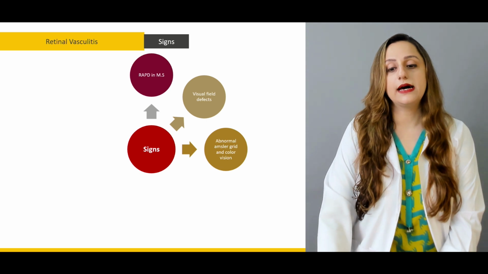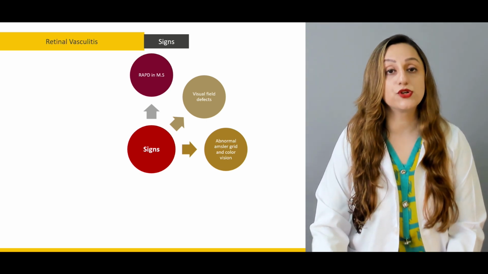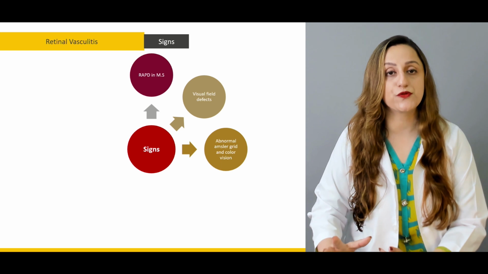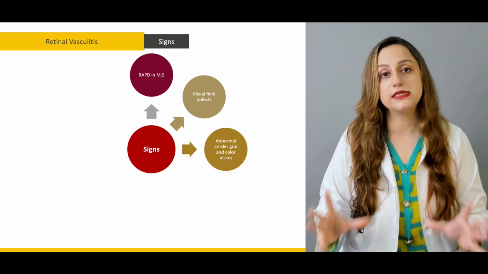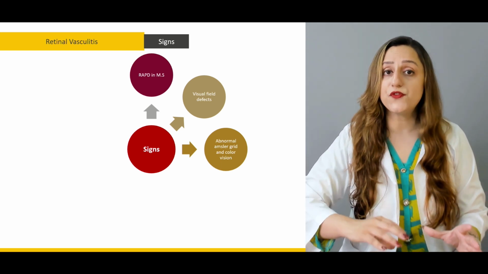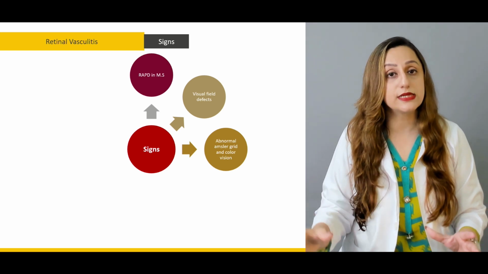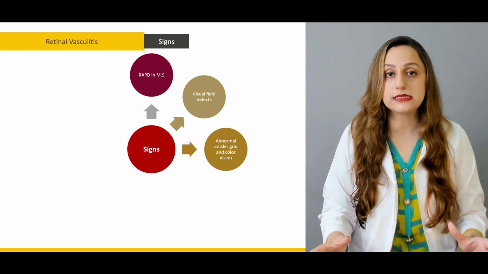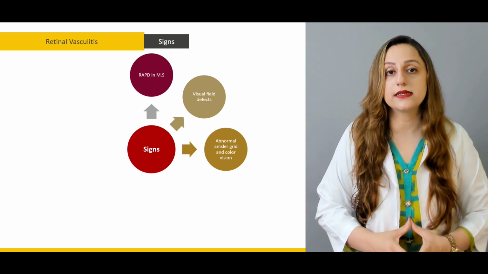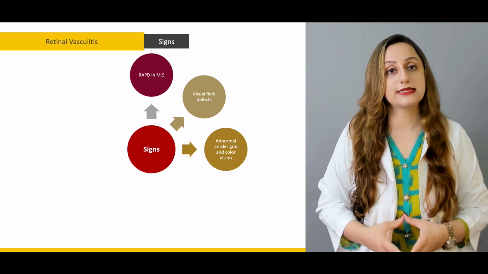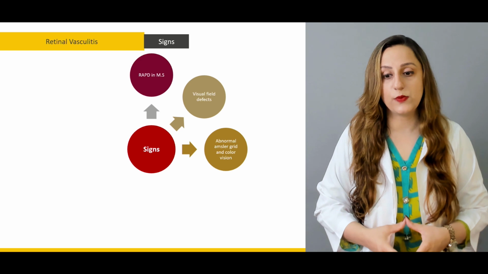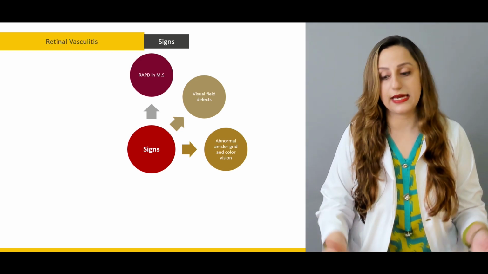Abnormal Amsler grid. The Amsler grid is the chart used for visual field defects. So charting any defects in the visual field using the Amsler grid, and any abnormalities in this charting, can indicate that the patient is suffering from retinal vasculitis. Then we have the color vision defects that the patient can suffer from.